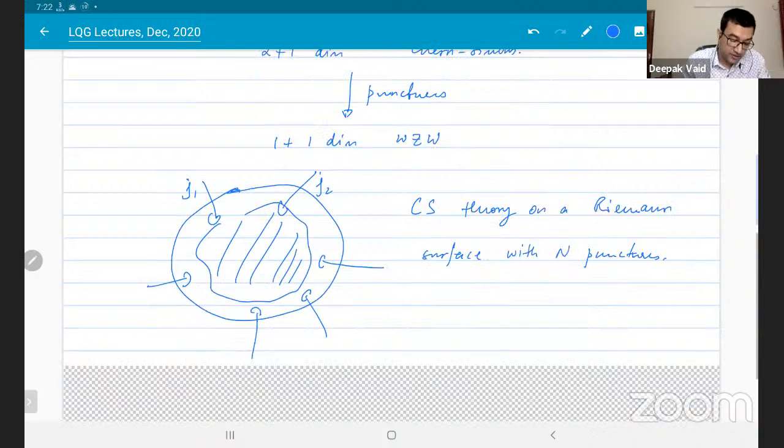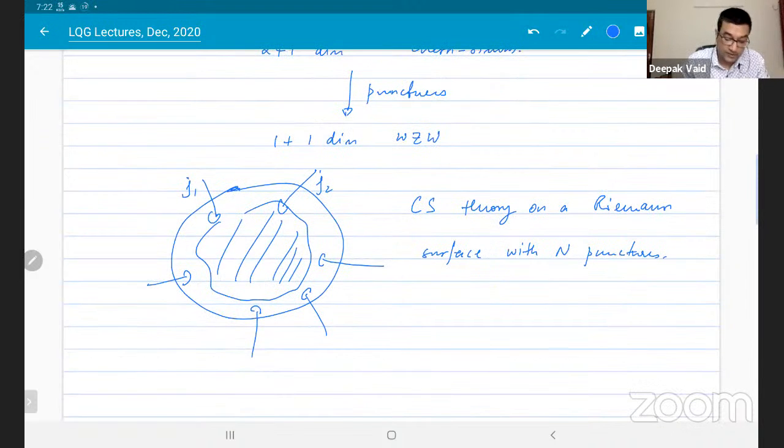And what is the area of this surface? Again, we define the area as I explained the other day, that we look at the area operator and we say that the area is this object.